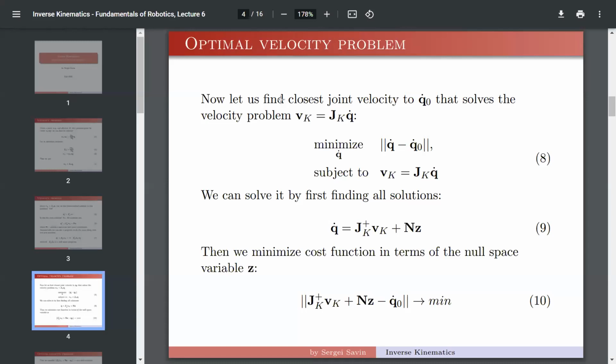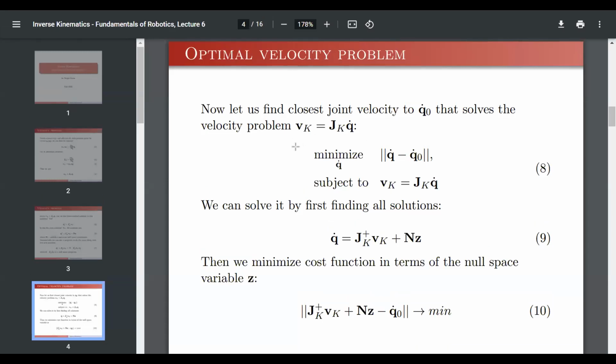Let us find the closest joint velocity to q dot 0 that solves the velocity problem v equals J q dot. So what we're minimizing here is the distance between the q dot that we'll find and q dot 0, subject to constraints. The constraint is that v should be equal to J times q dot.